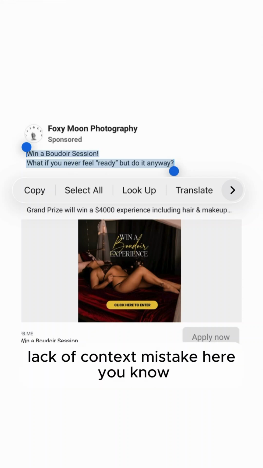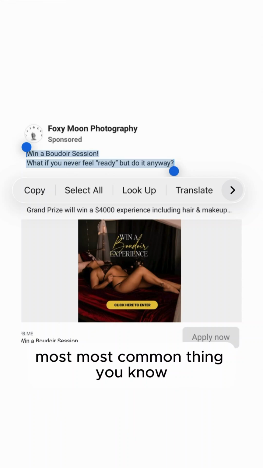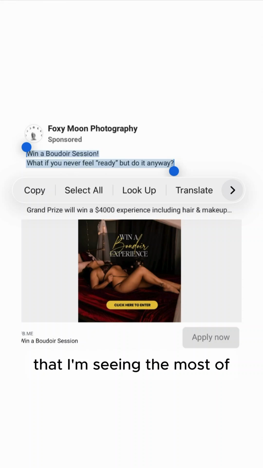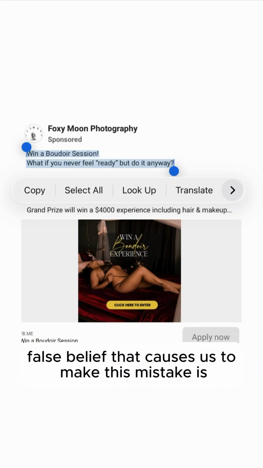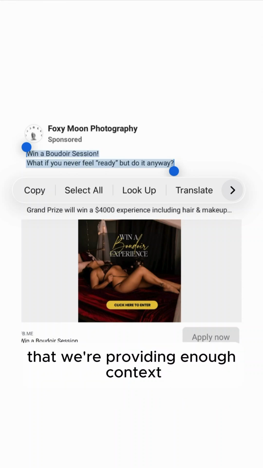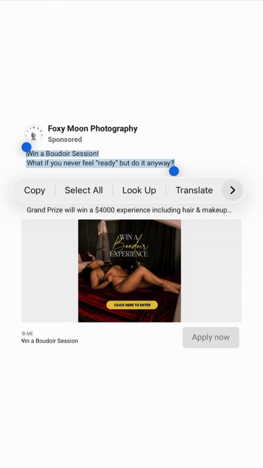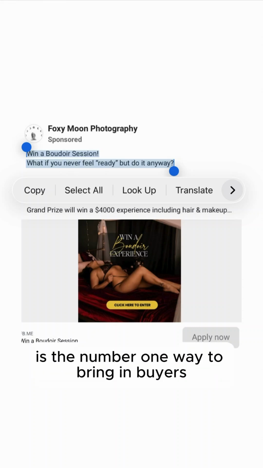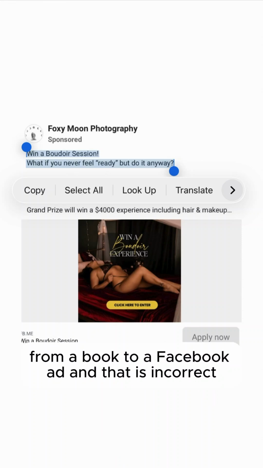All right, yeah, lack of context mistake here. Most common thing that I'm seeing the most of. The false belief that causes us to make this mistake is we're believing incorrectly that we're providing enough context. And what we're providing is the number one way to bring in buyers from a boudoir Facebook ad, and that is incorrect.